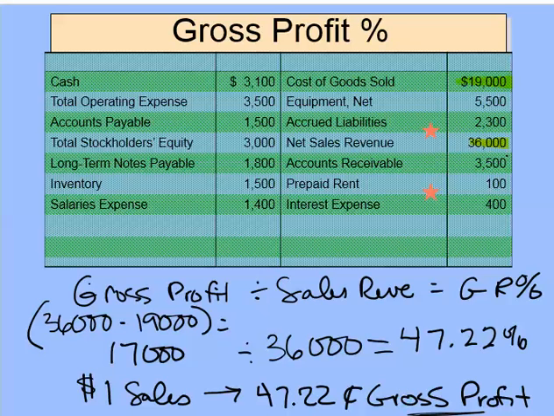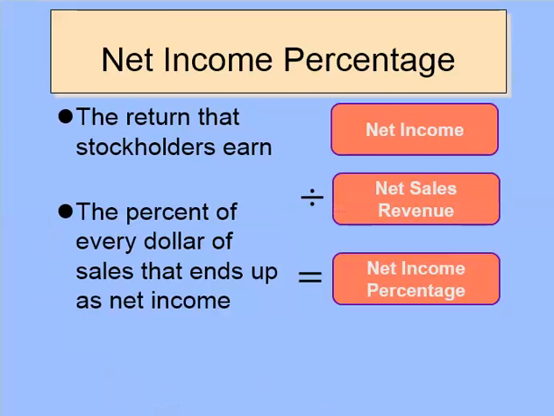Okay, before we finish up here, let's take a look at the net income percentage. This is another pretty key indicator. It tells us how much net income a company makes with the amount of sales that they actually have. So net income percentage, and in both cases, gross profit and net income percentage, a higher number would be better if you're going to be comparing two different companies.